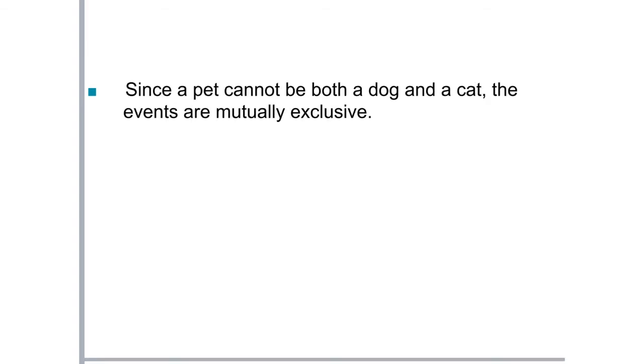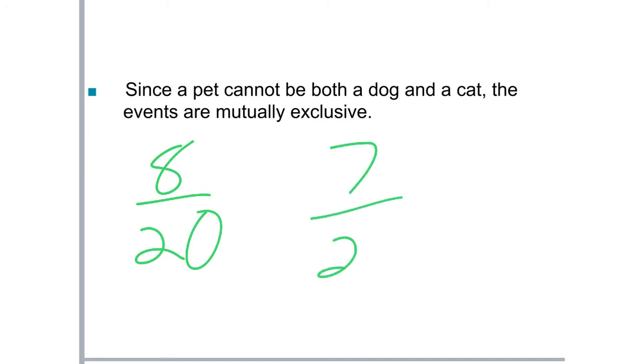Since a pet cannot be both a cat and a dog, the events are mutually exclusive. So the probability that it would be a dog is 8 out of 20, and the probability that it would be a cat is 7 out of 20.